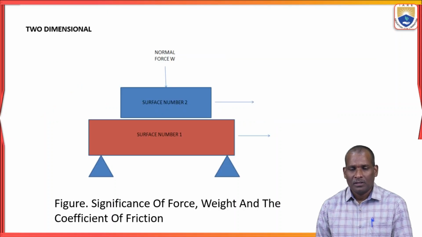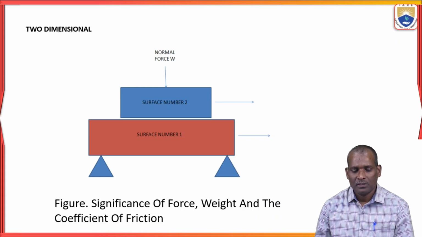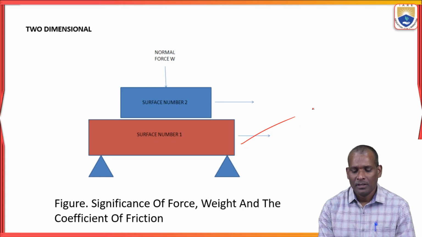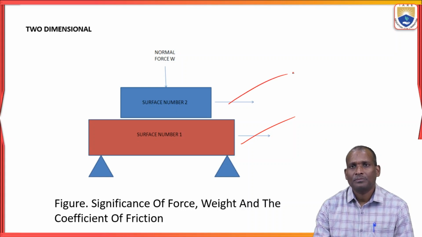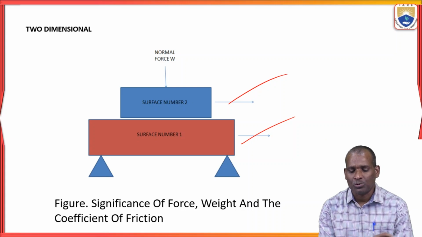See in this diagram, a two-dimensional diagram of two surfaces. One is surface number 1, another is surface number 2. In this figure you can see how the force is acting, what the coefficient of friction is, and what the contact between these two surfaces is.